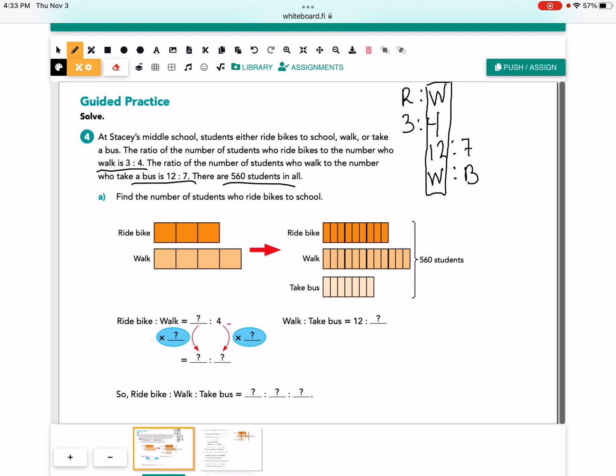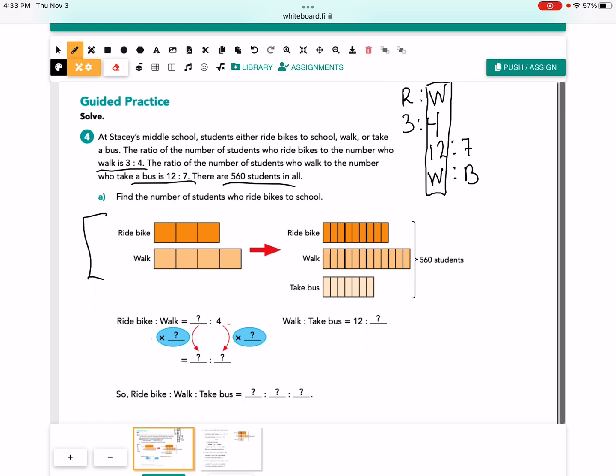So here is our first bar model. And you see that the ratio of 3 to 4 is represented quite well. We are able to use this initial relationship to figure out how to relate all of the bars the same way.